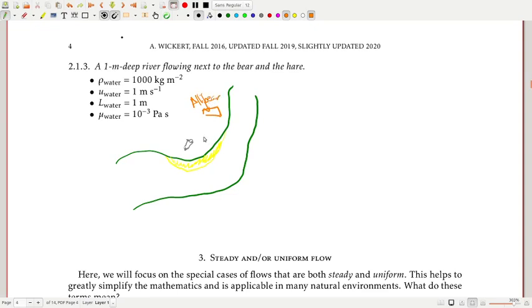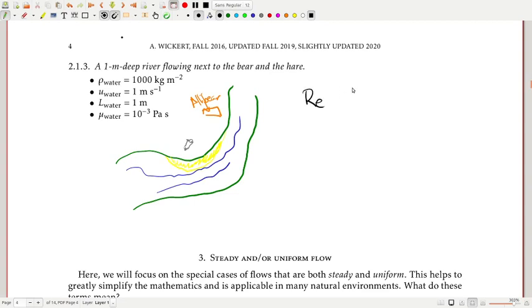So there's our owlbear. And inside the channel, we have some sort of water flowing around. So the question then becomes, what is the state of this channel? And you might be able to intuit, based on the fact that it's flowing faster and it's deeper, that the Reynolds number just might be more on the turbulent side.